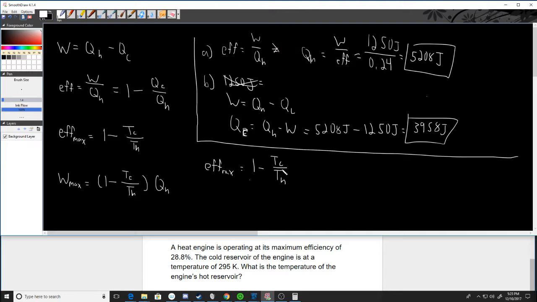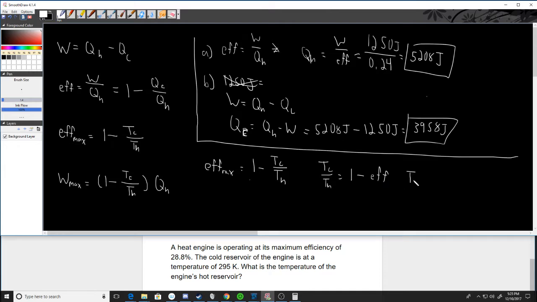First thing I'm going to do, I'm going to add TC over TH to both sides. And then I'm going to subtract efficiency from both sides. So I'm going to have TC over TH is equal to 1 minus efficiency. Okay. Now let's multiply both sides by TH.